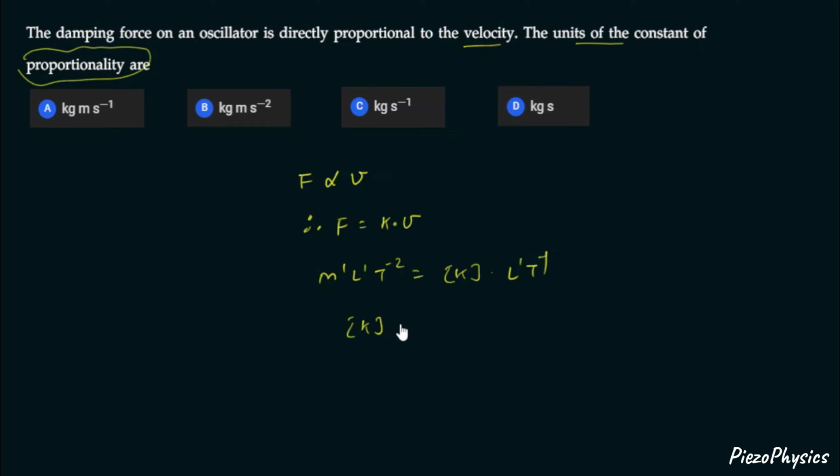So K will be equal to M1 L1 T minus 2 divided by L1 T minus 1. So L1 and L1 cancel and T minus 1 will go upward and it will give M1 T minus 1. So the unit for this dimension will be kilogram per second. So from here we can say that option C will be the correct answer.